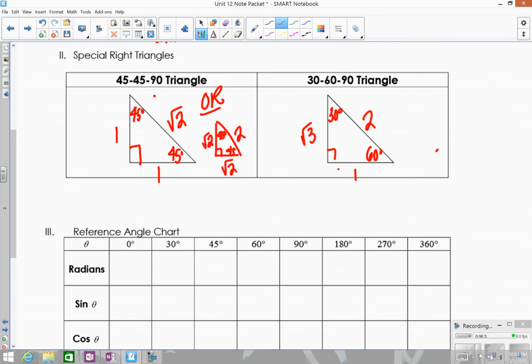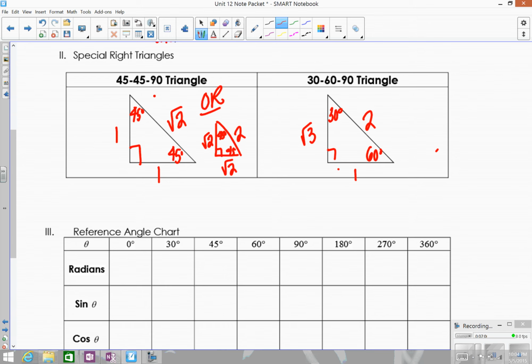So then the whole purpose of these special right triangles is to be able to find more angle measures. So we have the unit circle to figure out 0 degree, 90 degree, 180, 360, 270. But if we have some other angles such as 30 degrees, 60 degrees, or 45 degrees, we're going to be using these special right triangles. Because again, the whole idea here is to have our answers be as exact as possible, meaning we don't want to just throw them into a calculator anymore and get decimals.